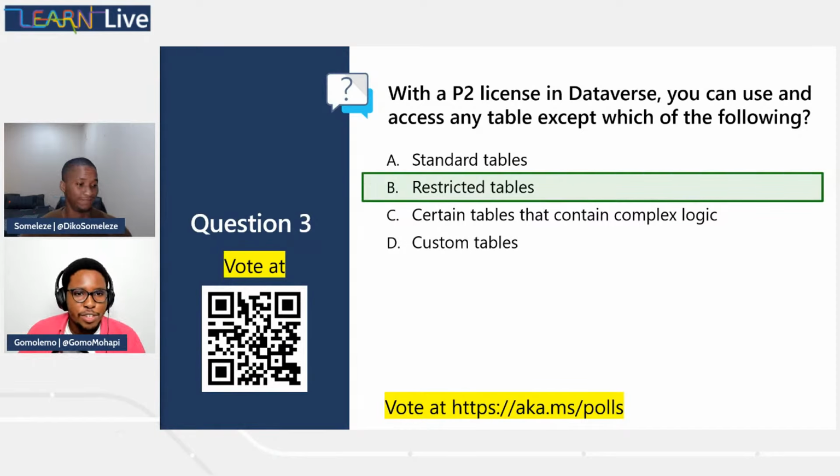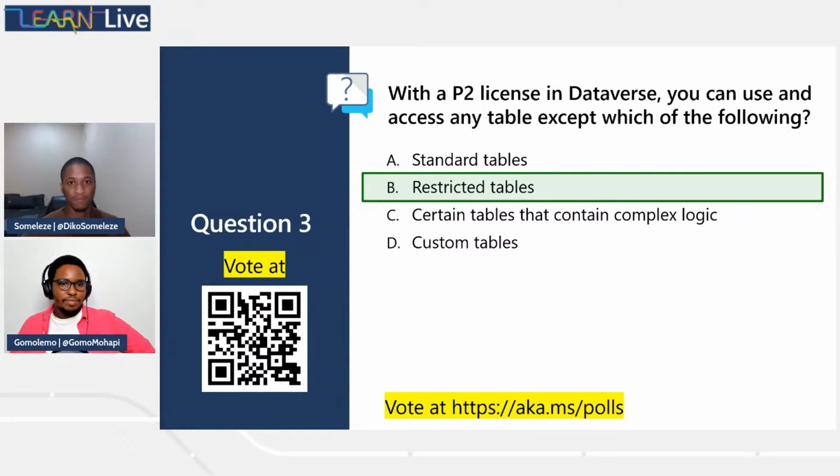Right. So the answer is actually B. Yes, for sure. With the P2 license, you can use and access standard, custom, and complex tables which contain complex logic, server side logic, and all of that. Because with restricted tables, you may need some additional licensing options that pertain to Dynamics 365 applications.